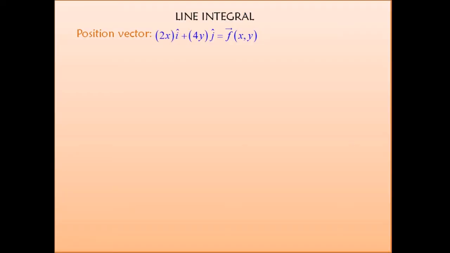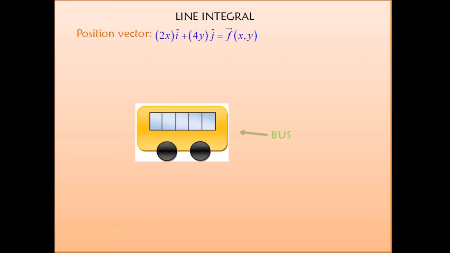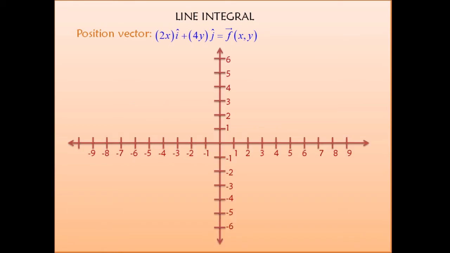Let us assume a position vector 2x i cap plus 4y j cap, which equals f vector xy. Let's say that this is a position vector in the form of the speed of a bus which has traveled some distance under this position vector. To trace its path, we will plot its points on this graph.